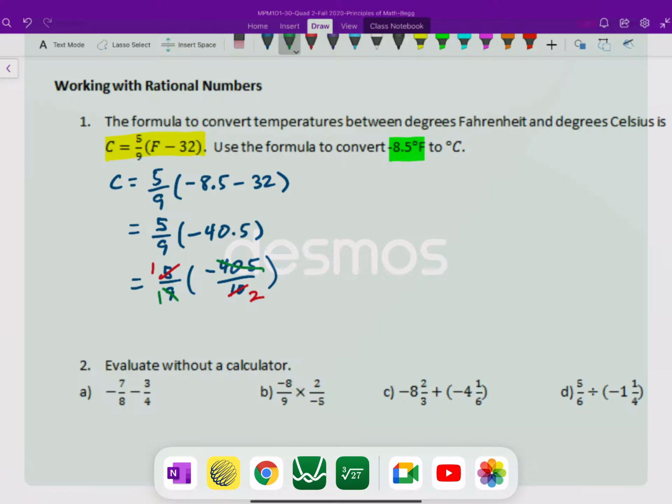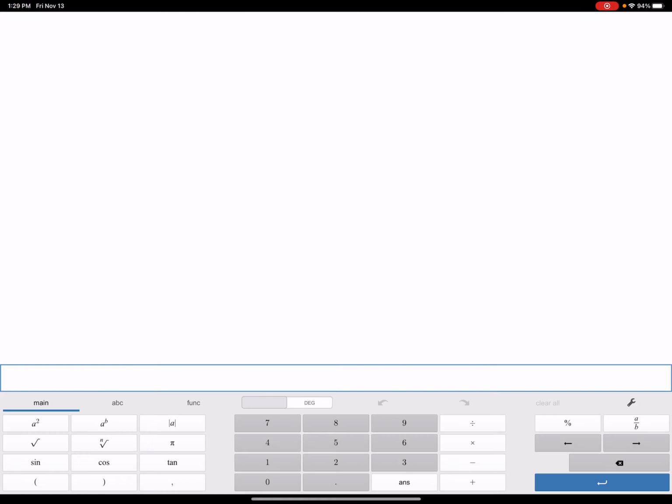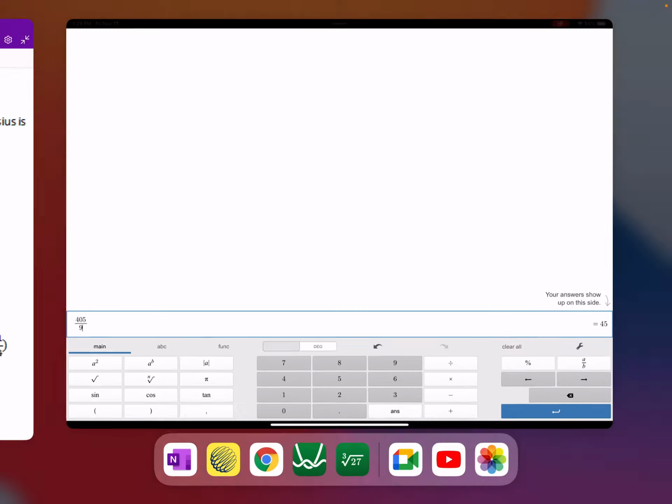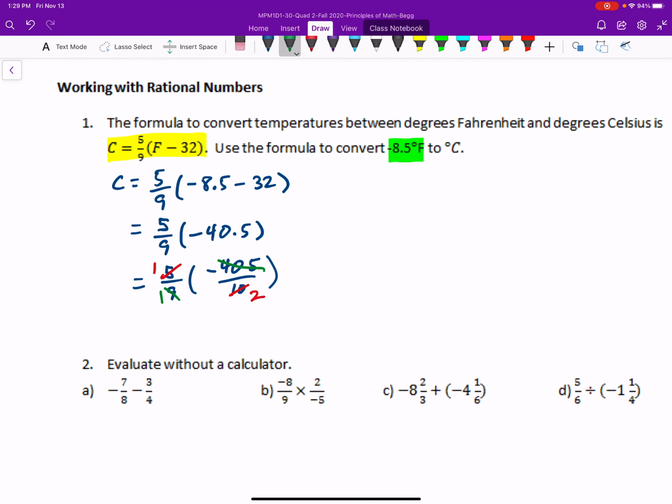I'm pretty sure it's 45 times, but I will go for a calculator for this one. 405 divided by 9, 45. You can see it on the right-hand side. So look at that, 45 times. Good show. All right, multiplying. 1 times negative 45 gives negative 45. 1 times 2 on the denominator gives me 2.